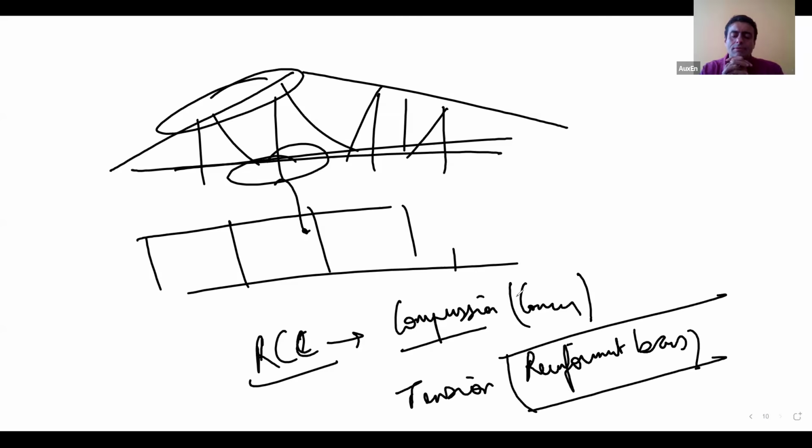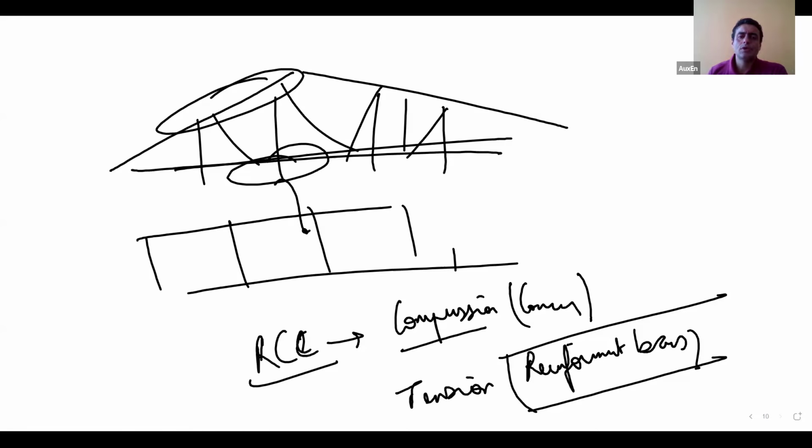So when we use a material like RCC, what have we effectively done? We have integrated two different materials together. One takes care of the compression, which is the concrete, and the other, the reinforcement, takes care of the tension. So basically, we have combined the best of both worlds.